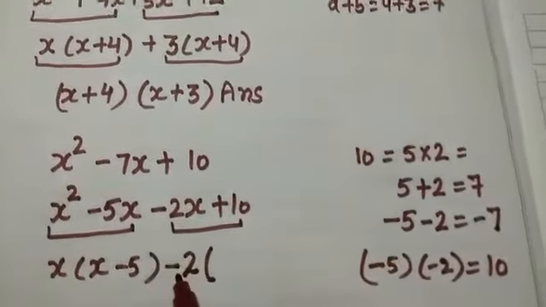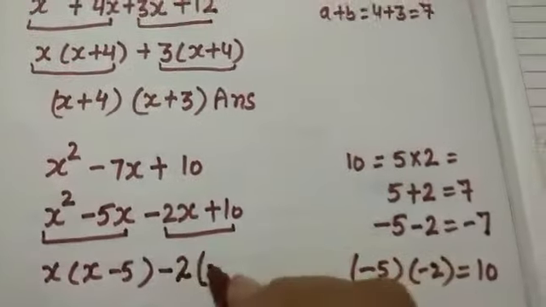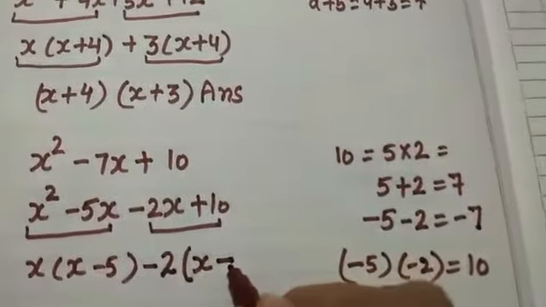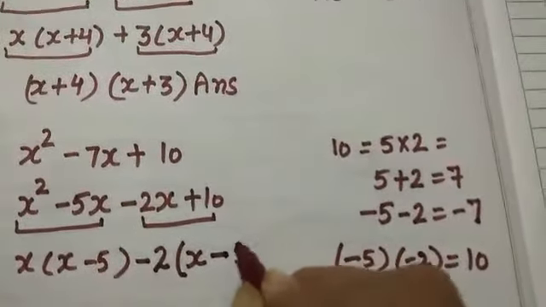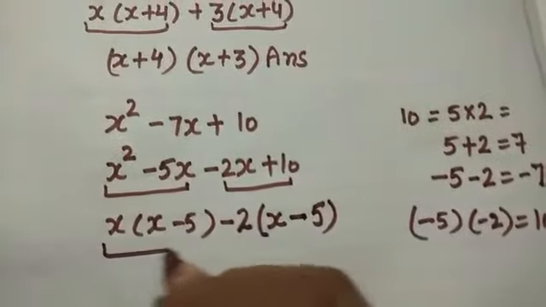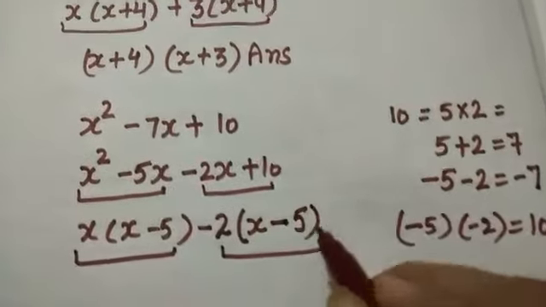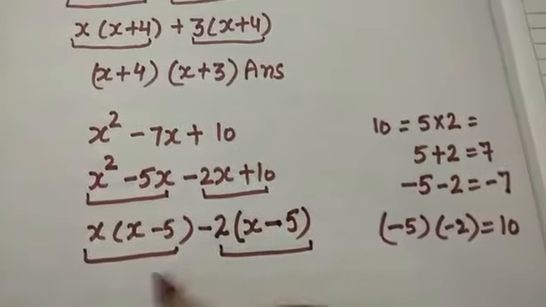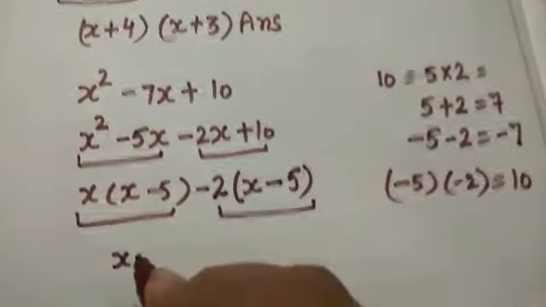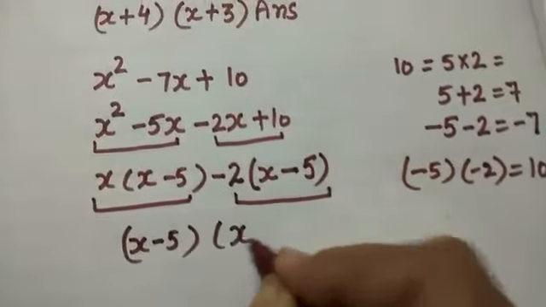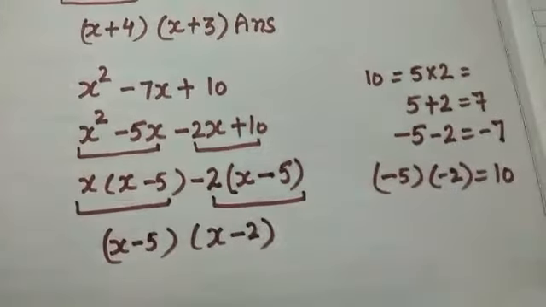When we take a negative number common, this will become positive, and the last term will become negative. Now just check, our question is correct because we are getting the same binomial in the bracket. Now we'll take x minus 5 common. Now x minus 2 is left.